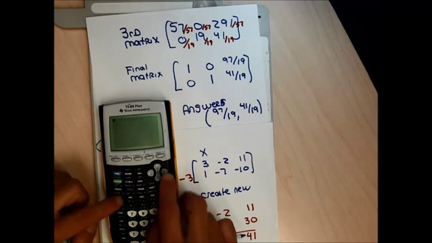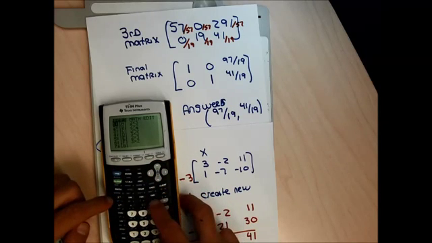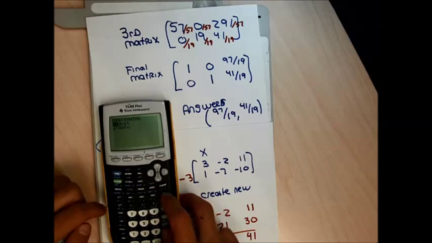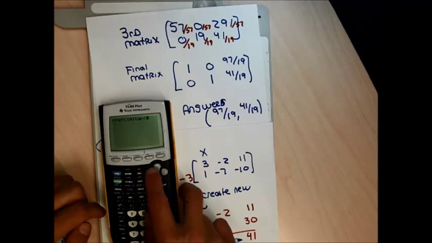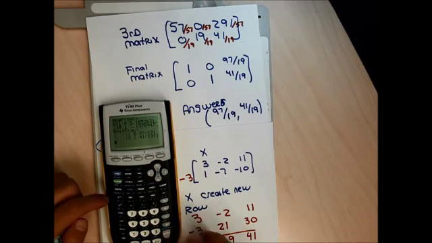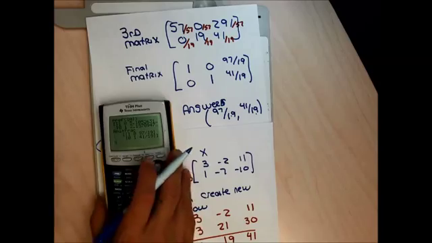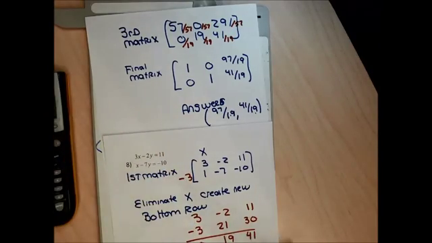Second quit, second matrix, math, RREF, second matrix A, enter, enter, and I see 97 over 19, 41 over 19. I know my answer is right, so I feel good about that.